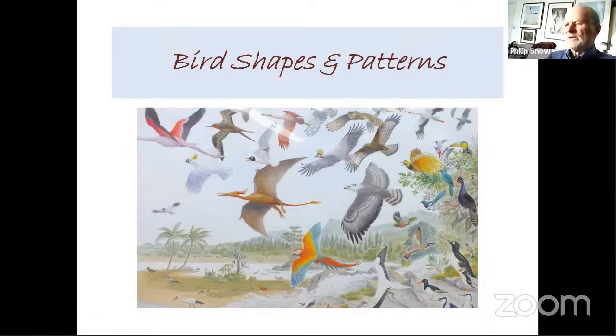They have gaps between the feathers to allow for the control of the air, like this buzzard species here. Whereas other birds, like these little ones here, have quite different shaped wings. And then we get something like a parrot, which has surprisingly pointed wings.